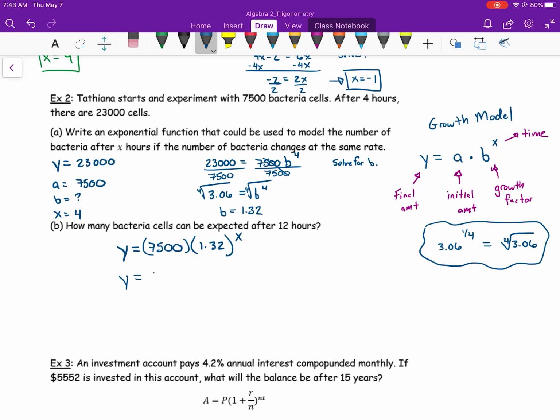So y equals, hammer it on the calculator exactly like this. Use lots of parentheses. So after 12 hours, we will have 209,869.07 bacteria.